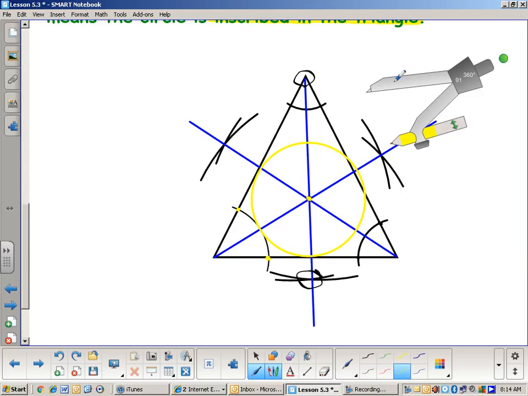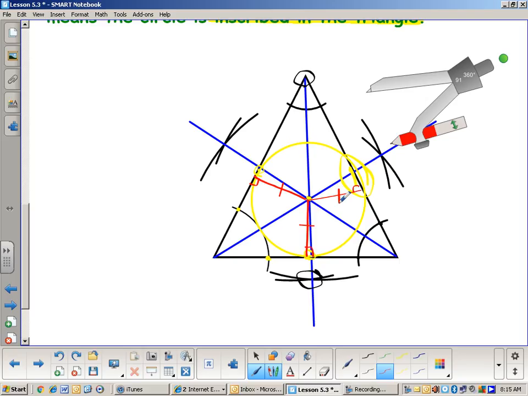Remember when we constructed before, we can do everything right, and we still can have a little error. And so my error is right here. This should have been not crossing over the mark. It should have just come right to the edge on all of them like it did on these other two. Okay? And so what we're saying is this distance from here to there is going to equal the distance from here to there. It's going to equal the distance from here to wherever that was supposed to meet. Okay? These distances should all be exactly the same.